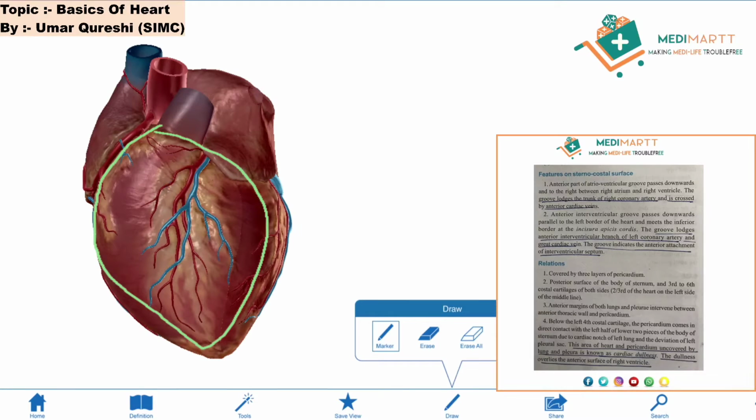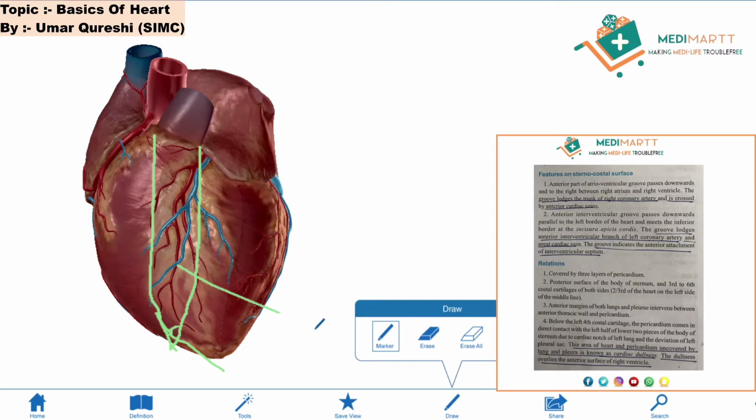Then the next relation is the posterior surface of the body of the sternum and 3rd to 6th costal cartilages. We know that the sternum is present just like that. This is the xiphoid process, a small portion, and this is the body of the sternum.